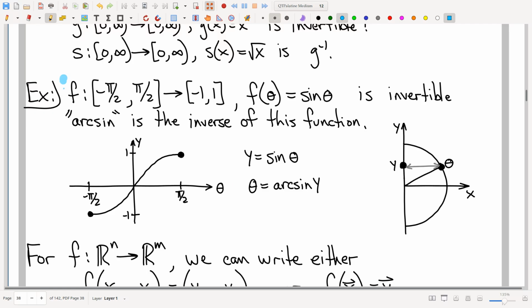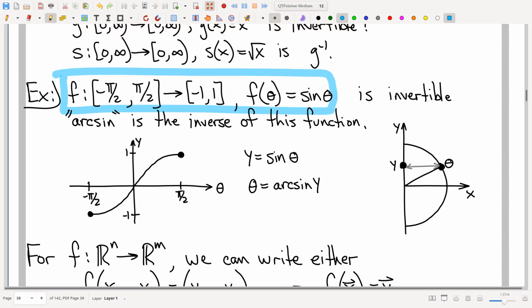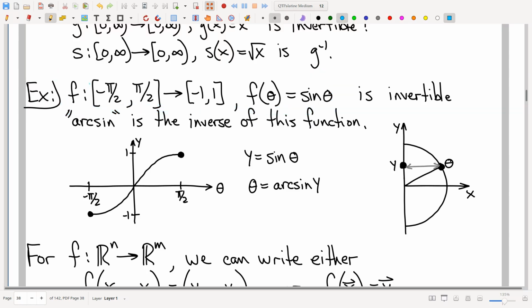But if you restrict the domain and the target like so, if you allow only these values of theta and only those values of y, then in fact this is indeed invertible, and there are pictures below to make sense out of it. By the way, the inverse function is called arcsine.